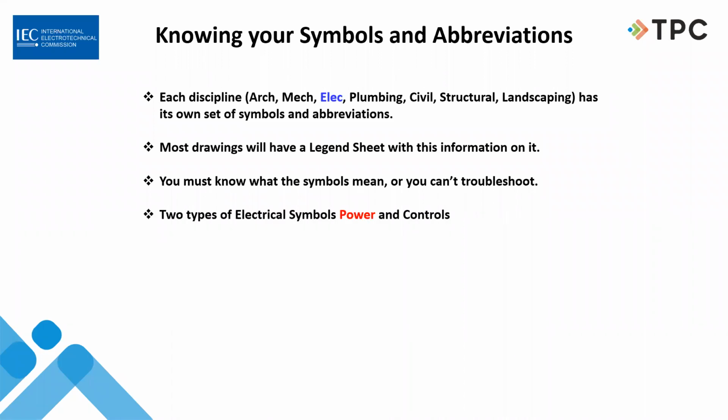So on most drawings, there's power and controls. Back when we talked about power, that's 480 volts or whatever, and controls being 120 or 24 volts AC or DC. Depending on your machine, you may have one drawing just for power and another set of drawings just for controls.